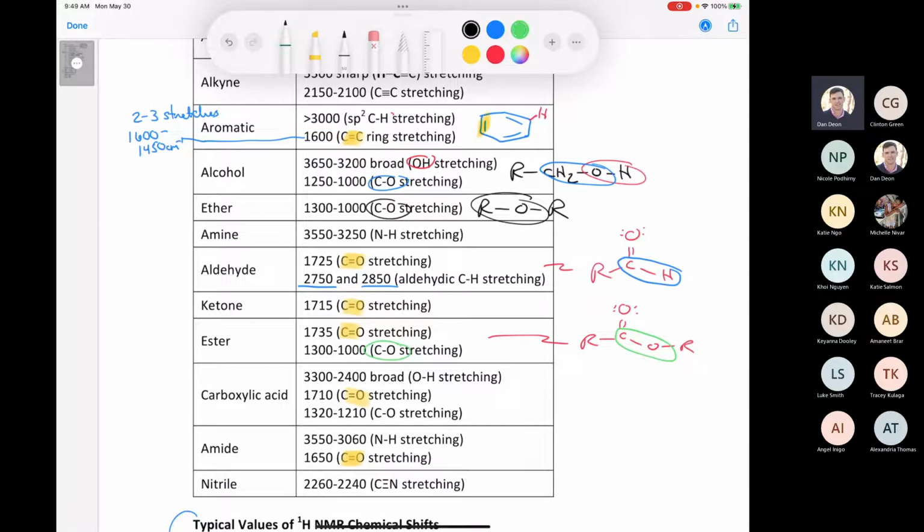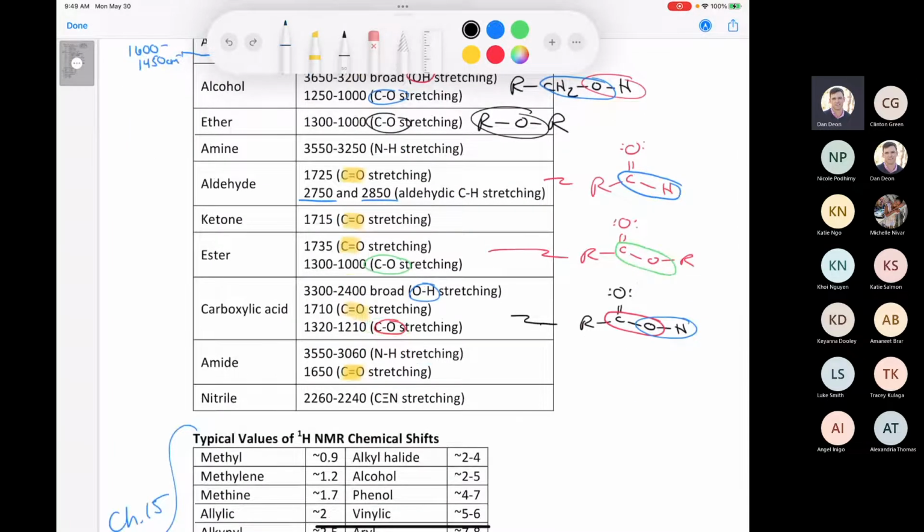Carboxylic acid. In a carboxylic acid, you have the carbonyl, and the carbonyl is around 1710. You have the carbon-oxygen stretching, which is around 1320 to 1210. And then, of course, you have the oxygen-hydrogen stretching, which is the lowest hanging fruit. It's so broad, between 2400 and 3300.